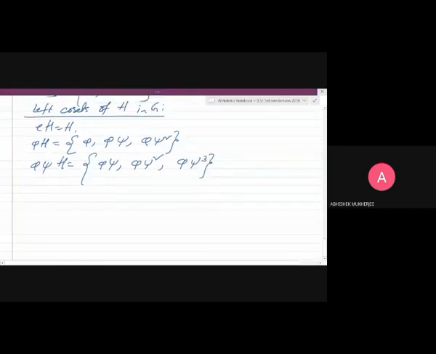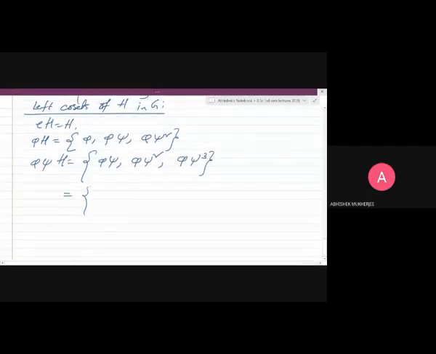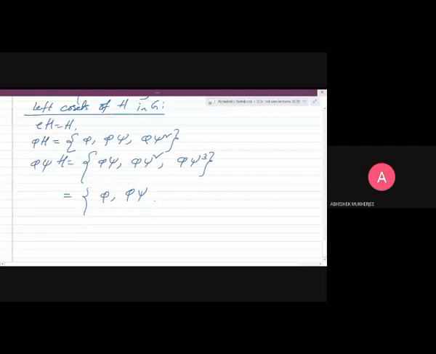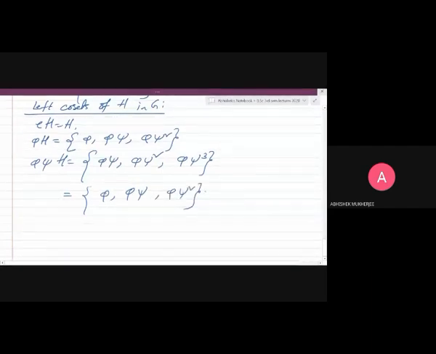So phi psi cube is the identity. So it is phi into psi, and it is phi psi square. That means it is again phi H equals this, right?